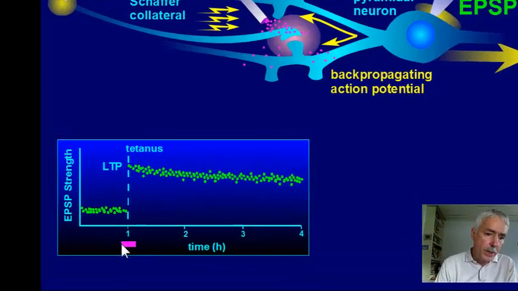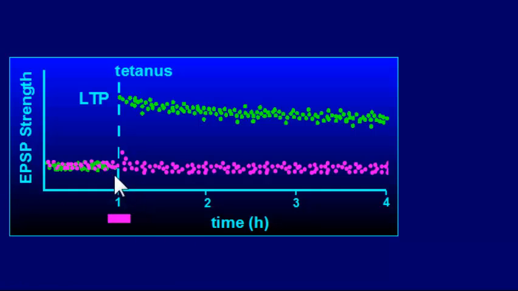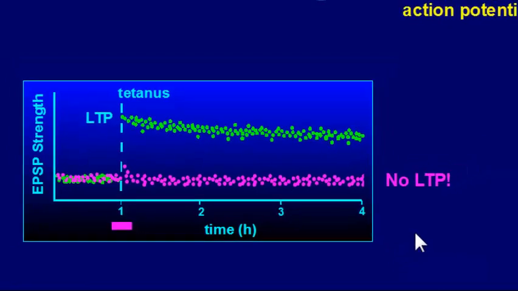And here is where it is put on, just before and during and just after the tetanus. So at this time period we're blocking the NMDA receptor. Here is before the tetanus, and now here is after the tetanus. And as you can see here, the LTP is blocked.